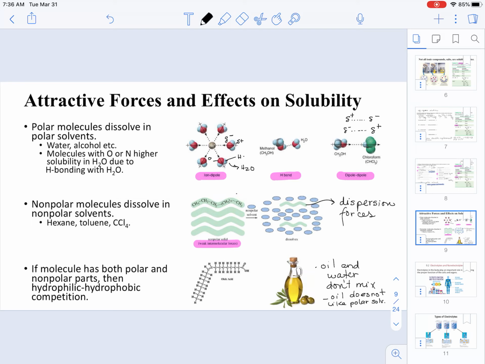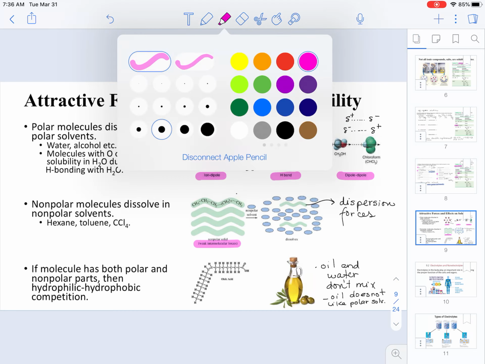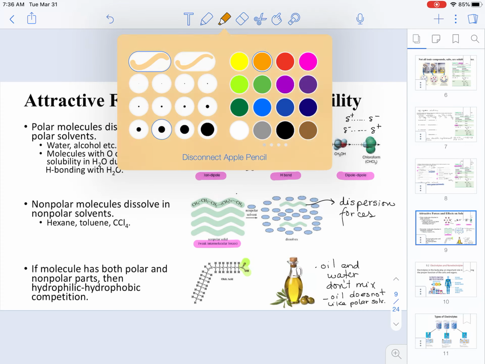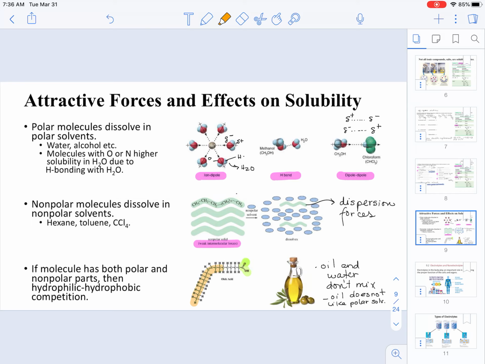So if we look at the molecule, for example, here we have olive oil. If we look at what olive oil is made out of, which is oleic acid, and that's the structure that we see, this molecule, even though it has a polar component, and similar to how I labeled it before, the polar component is what I highlighted in green. The nonpolar component is what I highlighted in orange, because it contains a large nonpolar portion.